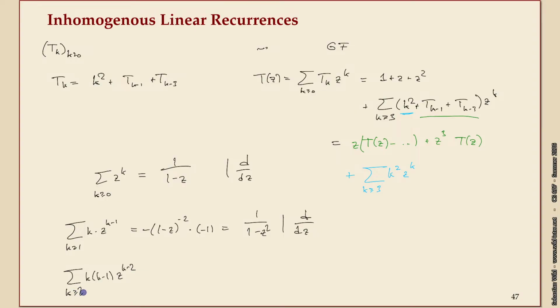So here we can sum from 2 because all the other terms are multiplied by 0. And here you can take derivatives again. So same game, minus 2 for the outer derivative, 1 minus z to the minus 3, and then again the minus 1 for the inner derivative. So you get a similar type of formula for this series.